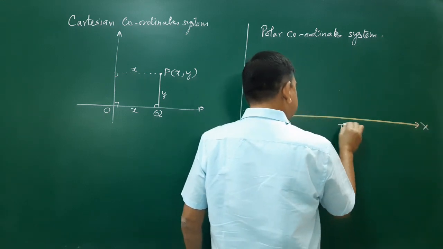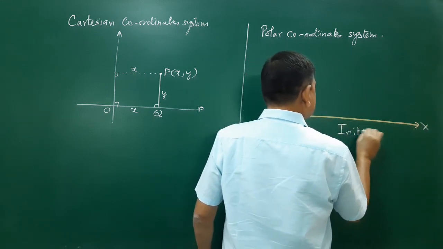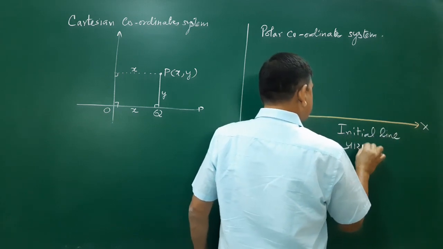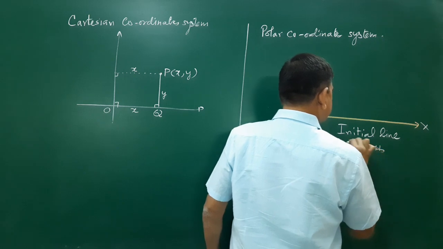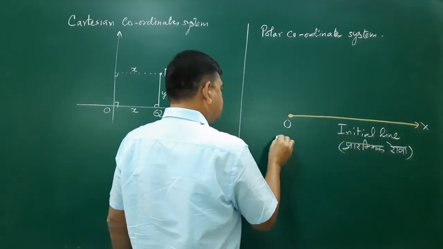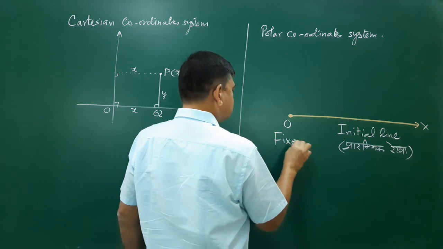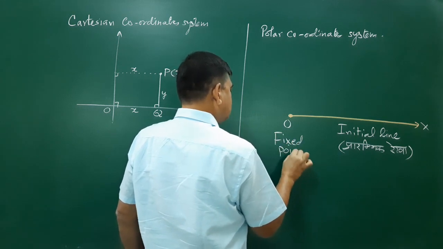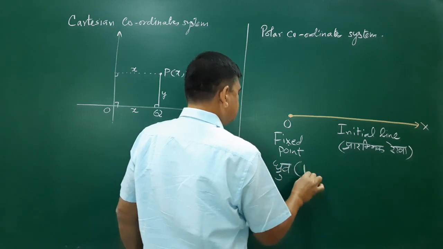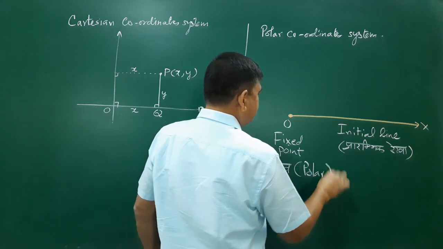This is known as the initial line, Prarambhik Rekha. This point is the fixed point. This is known as dhruv, that is pole.